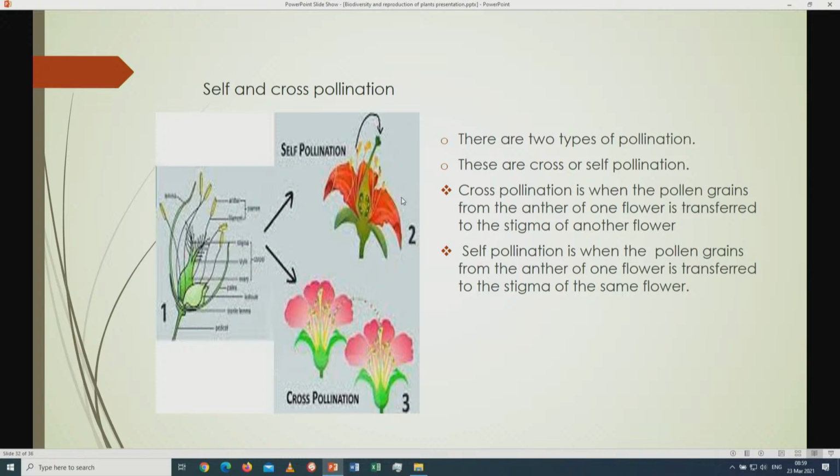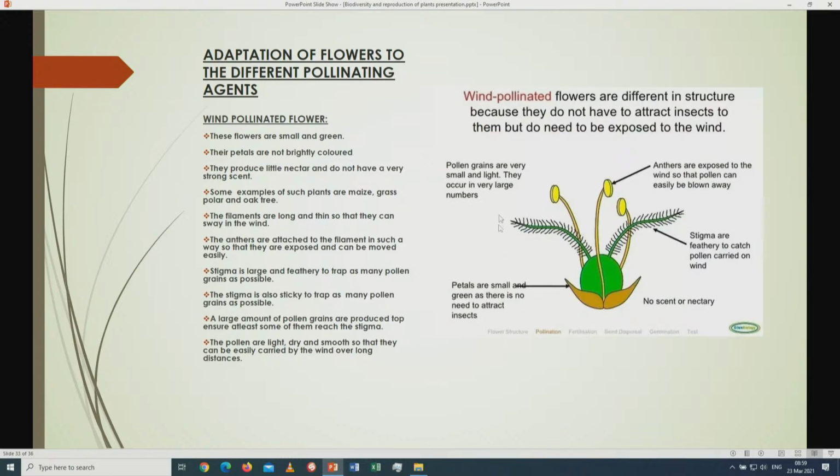There are two types of pollination. We have self-pollination and cross-pollination. Self-pollination is when pollen is transferred from an anther to a stigma of the same flower. And then cross-pollination is when pollen is transferred from an anther of one flower to the stigma of another flower.